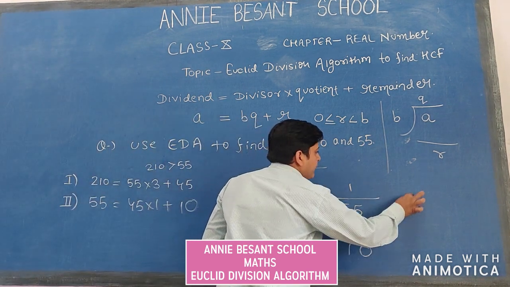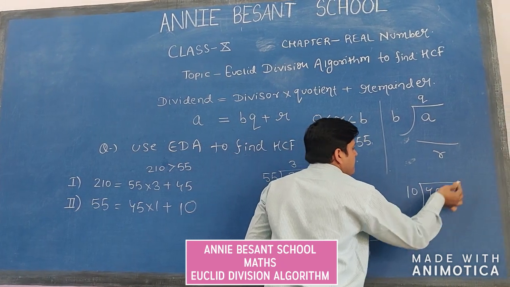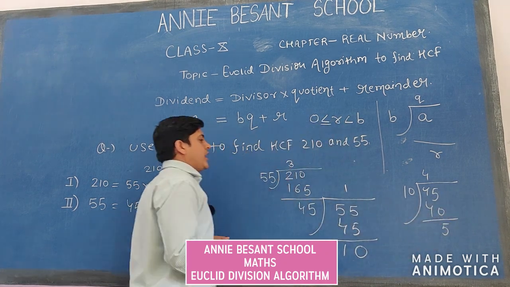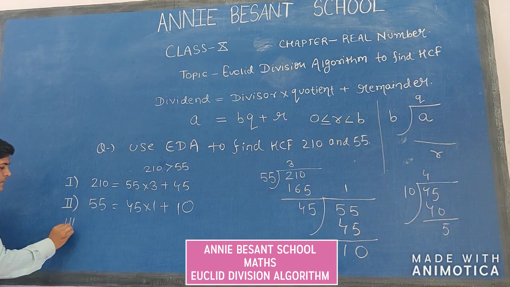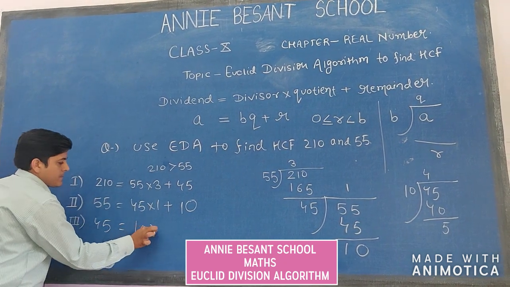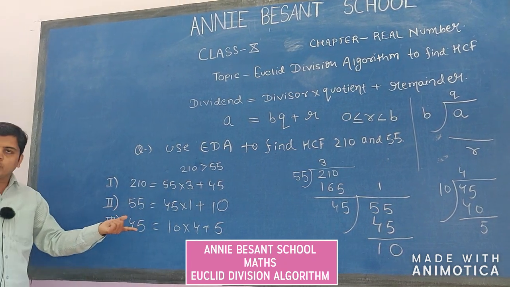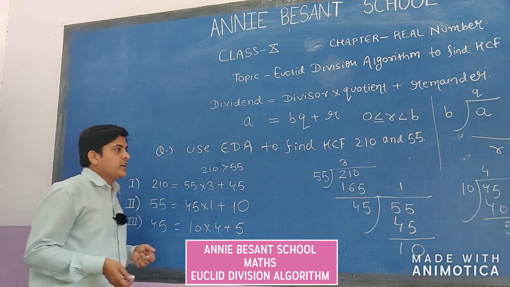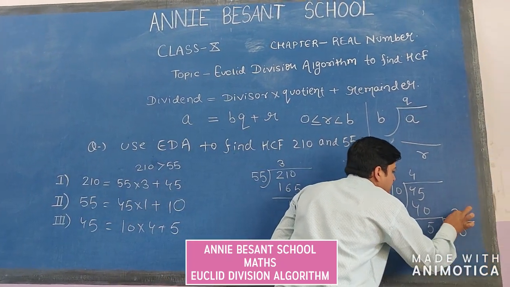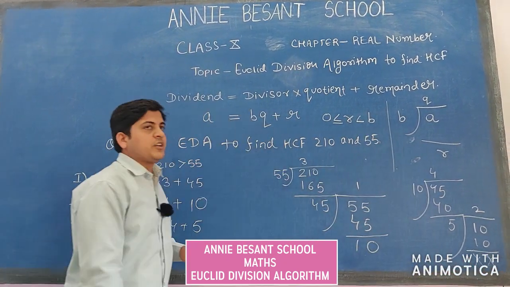When the remainder is 0, the divisor is our required HCF. So 45 is divided by 10, and the remainder is not equal to 0, so we start once again. The 10 is divided by 5. The remainder is equal to 0.